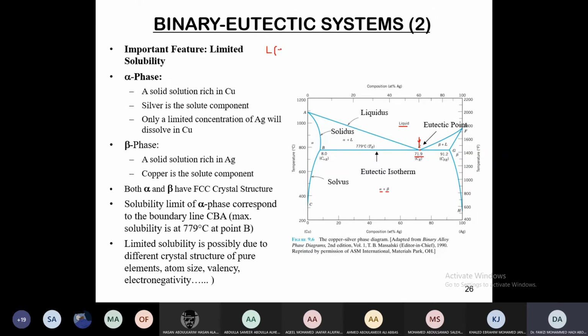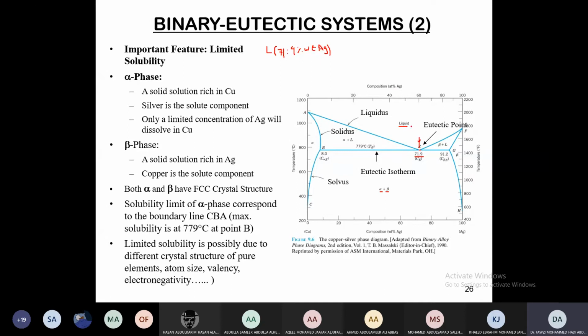Liquid at 71.9% by weight silver. We don't need to write the others as well.